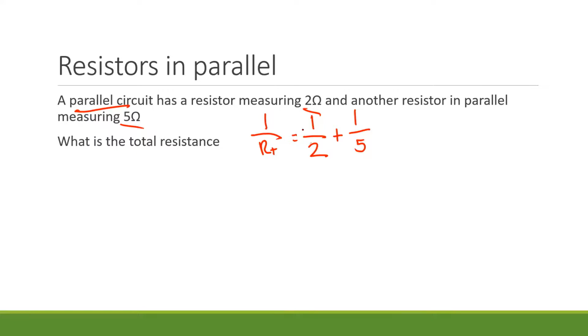Is it 10 over 7? Sort of. Let's have a look. 1 over RT is going to be 5 over 10 plus 2 over 10, which is 7 over 10. Perfect. Now, in order to work out what RT is, you need to flip over both of those. So RT equals 10 over 7.